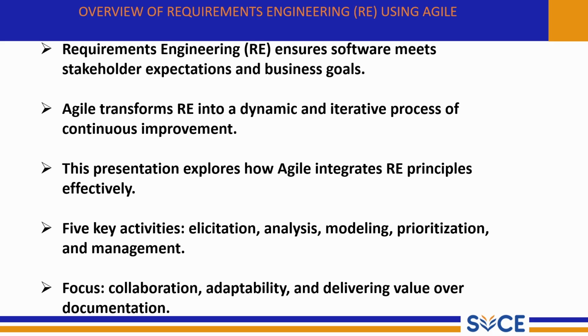Requirement engineering is a structured way of identifying, analyzing, and maintaining what the system should do. In traditional methods, requirement engineering follows a rigid step-by-step process. Requirements were gathered once and rarely changed, but in Agile, requirement engineering is iterative and collaborative.